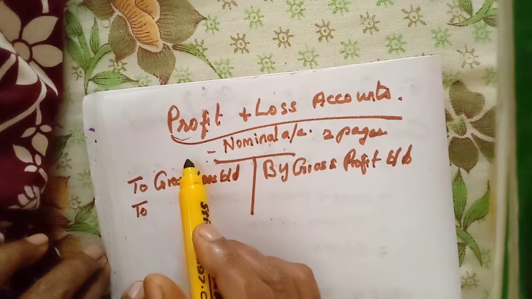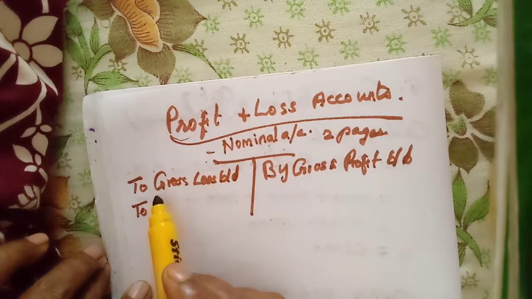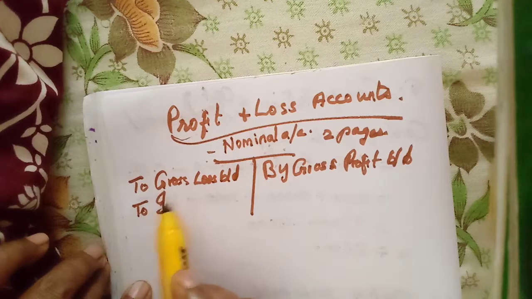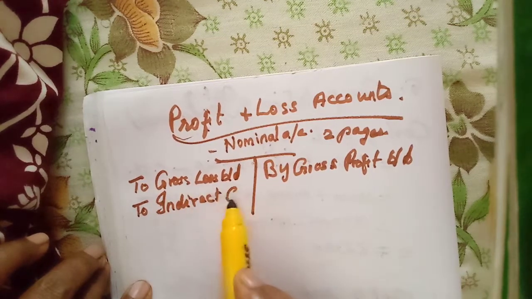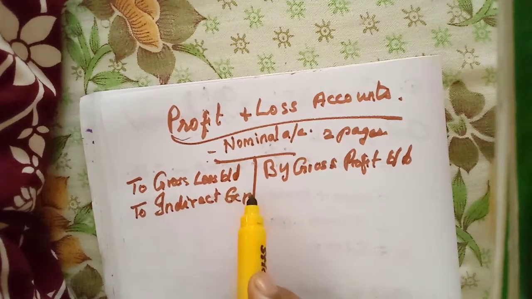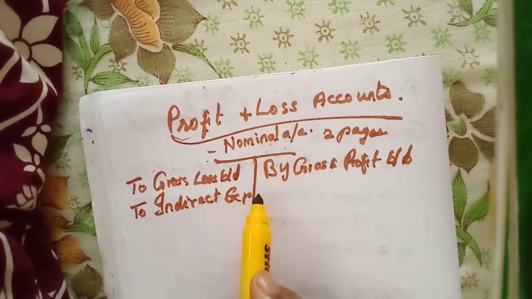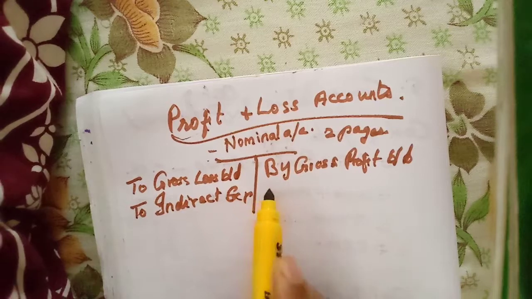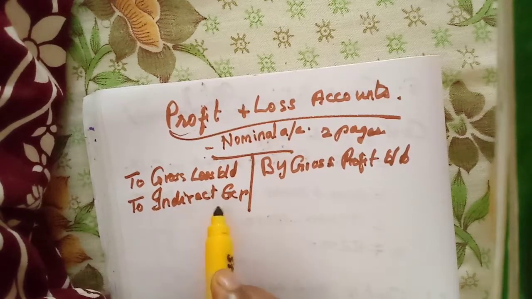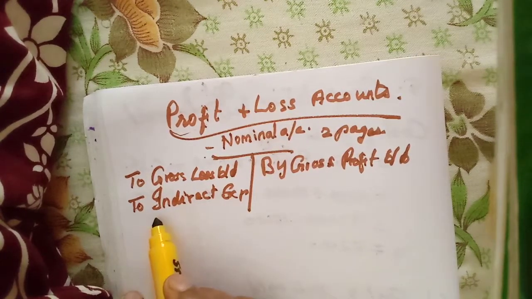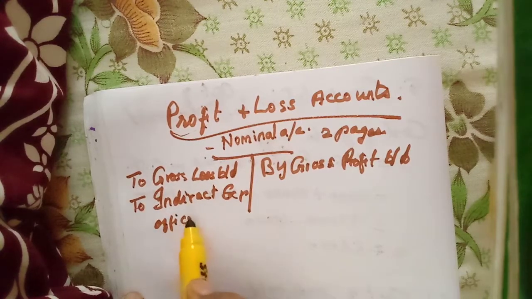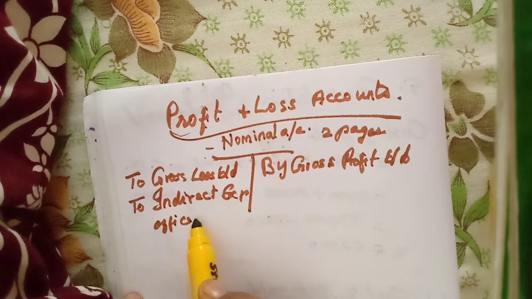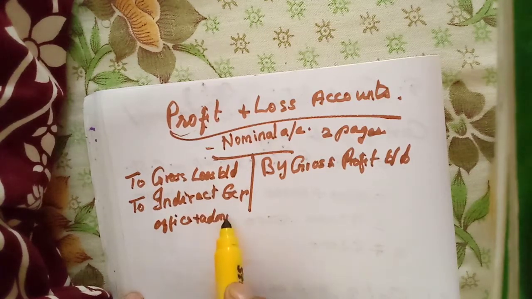Okay, then here all the expenses, which expenses we have to write? Already in the trading account we have written all the direct expenses. So here all the indirect expenses we have to post. Okay, all the indirect expenses we need to post. Here, what are the indirect expenses? All that office and administration expenses, all the expenses that are spent inside the office and for the administration purpose.